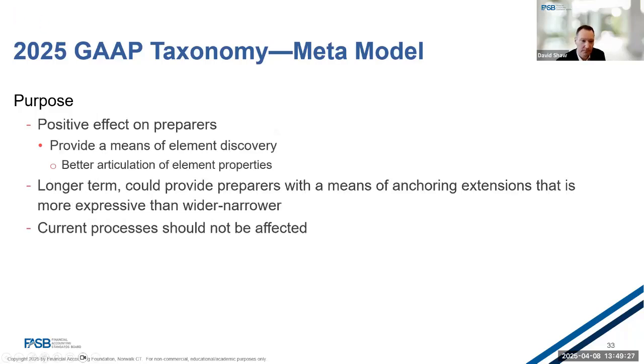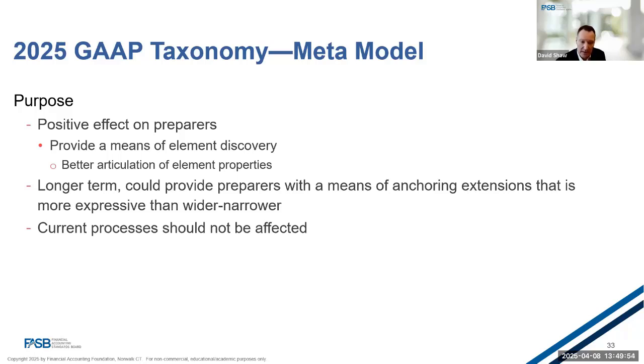Next slide, please. The meta model is intended to have a positive effect on preparers by providing a better means of element discovery through the articulation of the properties of the elements. It is our longer-term goal that preparers are able to use the meta model as a means of anchoring their extension elements that is more expressive than the currently available wider and narrower relationship.